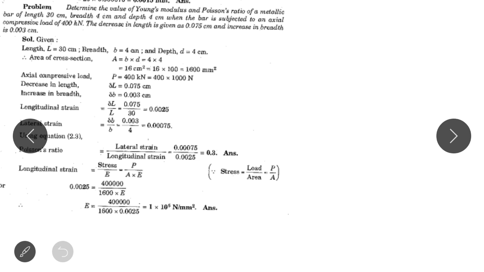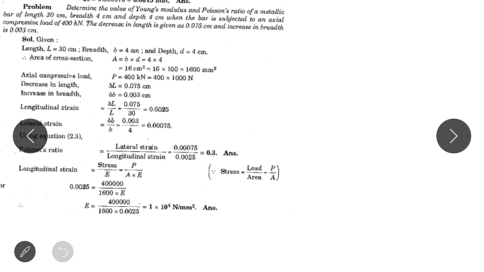Next one, lateral strain. So lateral strain means change in breadth divided by original breadth, is equal to 0.003 divided by original breadth 4 centimeters, therefore 0.00075.